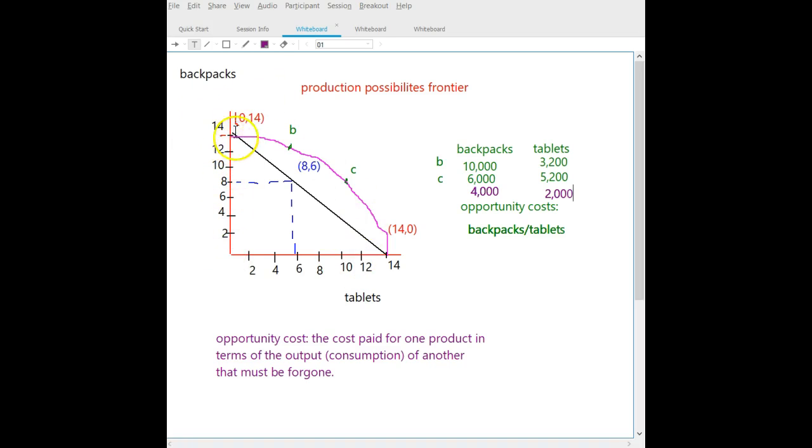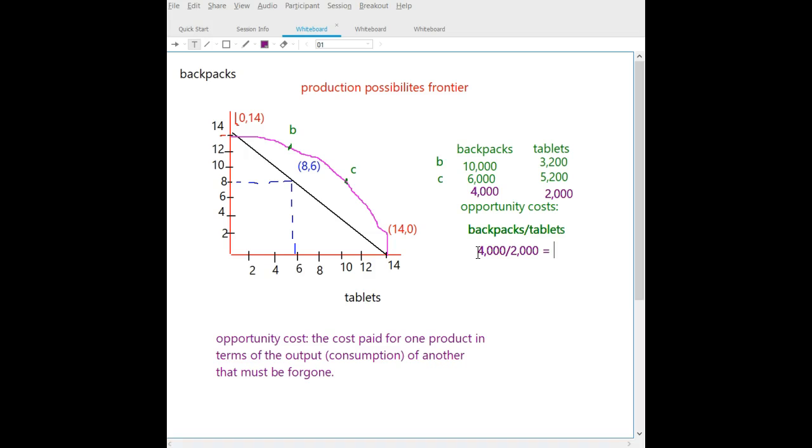So we're producing fewer backpacks, but more tablets. So in this case, how many backpacks per tablet? What we want to do is divide the differences of those two points. We're going to do 4,000 divided by 2,000. And that should give you a grand total of 2.